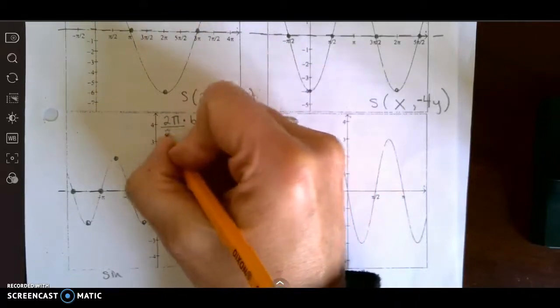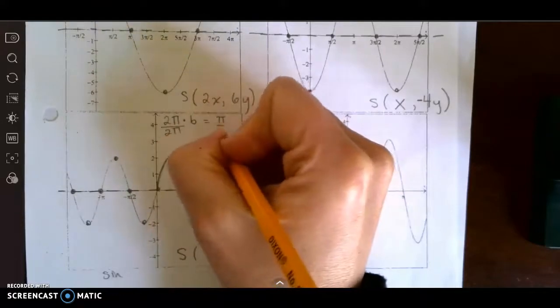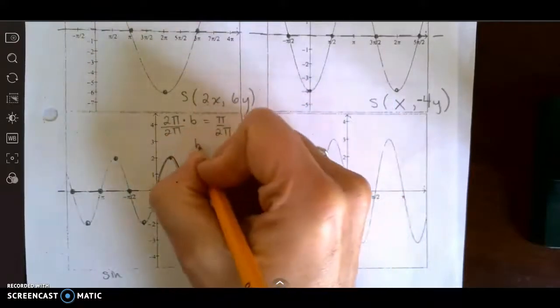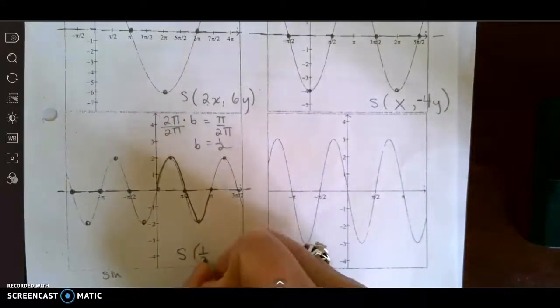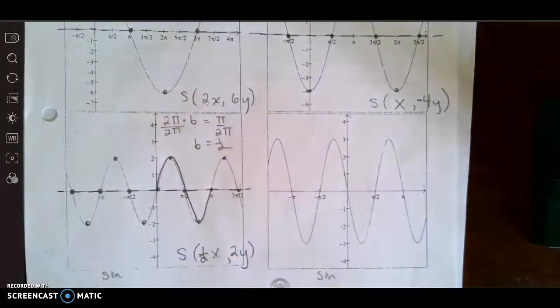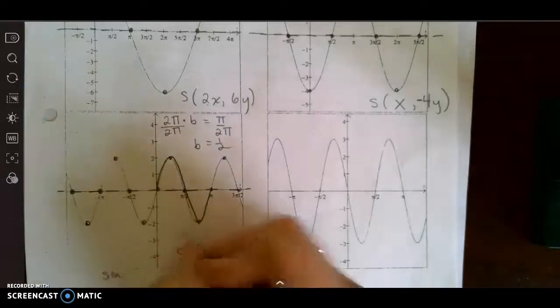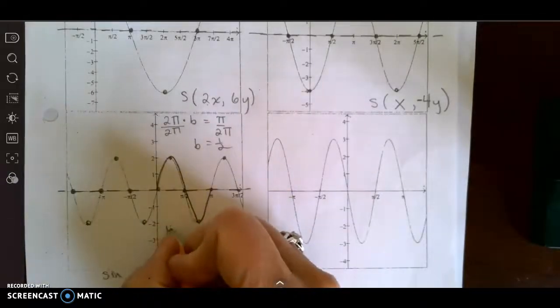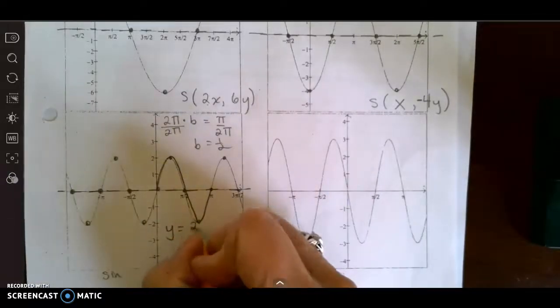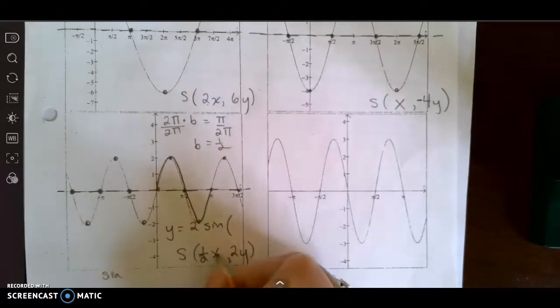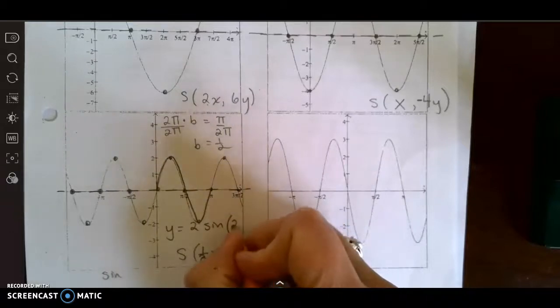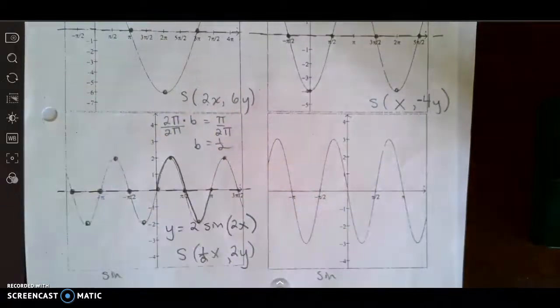So I'm going to divide both sides by 2 pi. And b equals 1/2. So 1/2 x. Therefore, my equation is y equals 2 times the sine. Since 1/2 is the same as dividing by 2, I'm going to multiply by 2, like that.